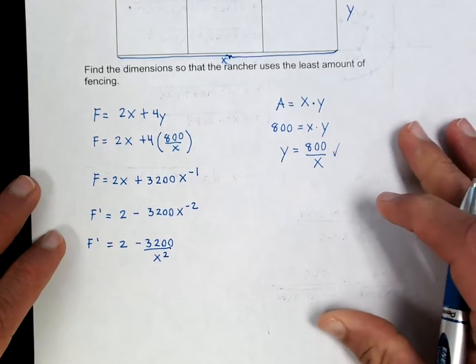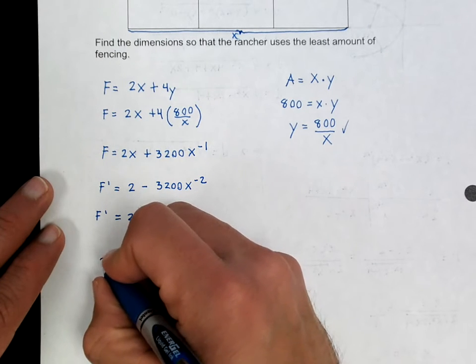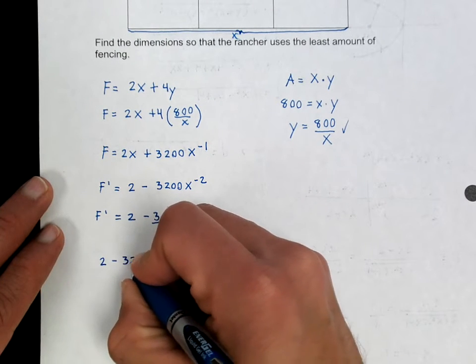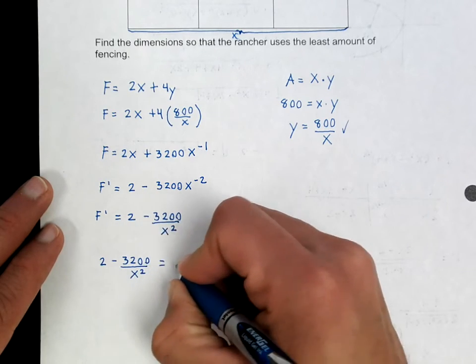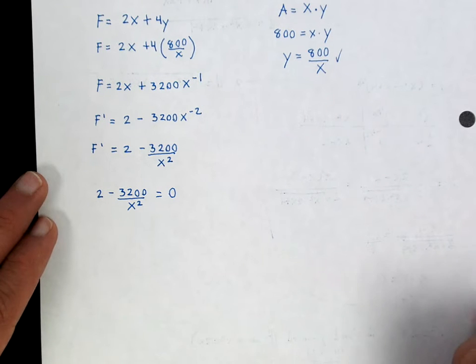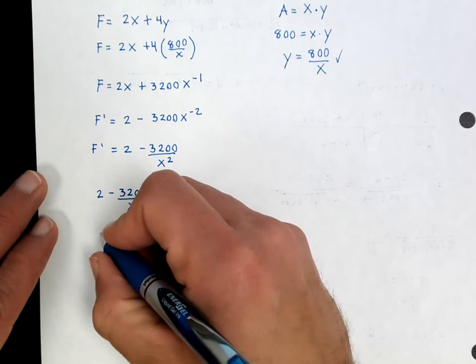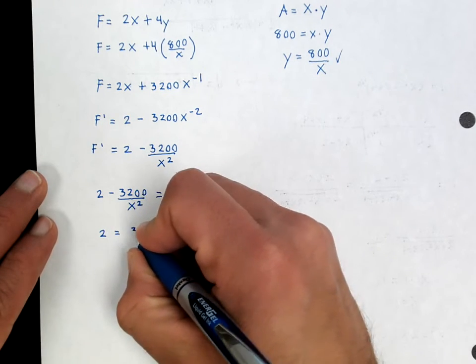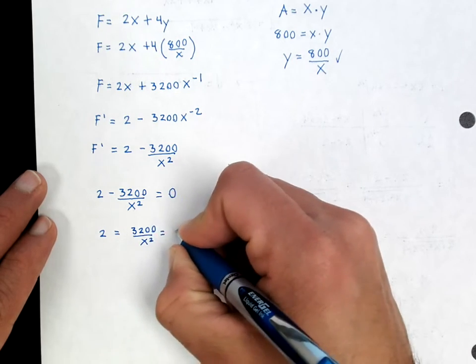Now I'm going to set that equal to 0, and then all I have to do is solve. So now, here's what I'm going to do. I'm going to add this to this side, so I'm going to have 2 is equal to 3200 over x squared.